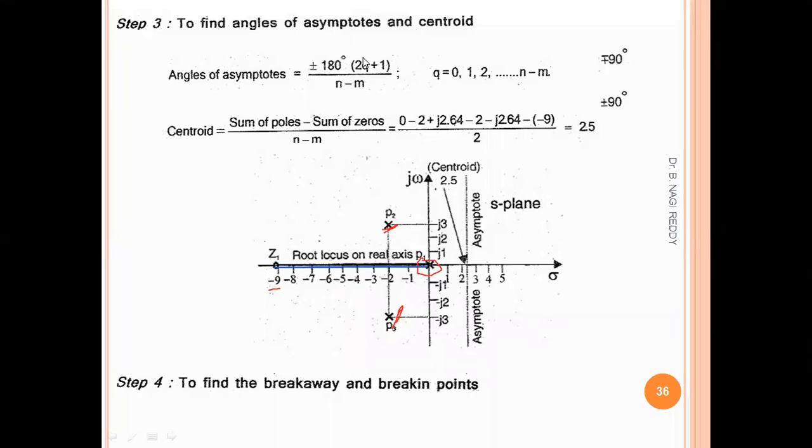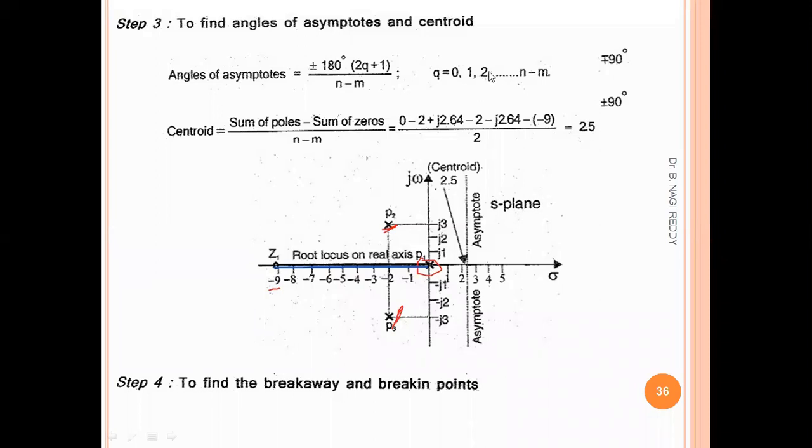So 90 into 3, which is 270 degrees. 270 degrees is nothing but minus or plus 90 degrees, because 360 minus 90 we will get 270, right? So this 270 degrees can also be written as minus or plus 90 degrees. So when q is 1, we will get minus plus 90 degrees as the angle of asymptote.